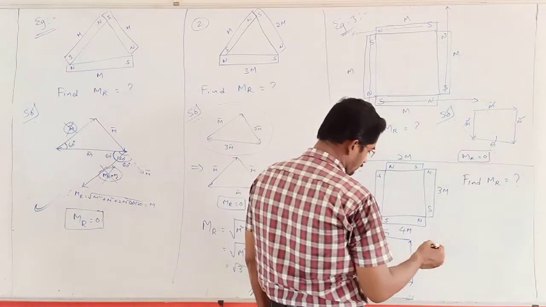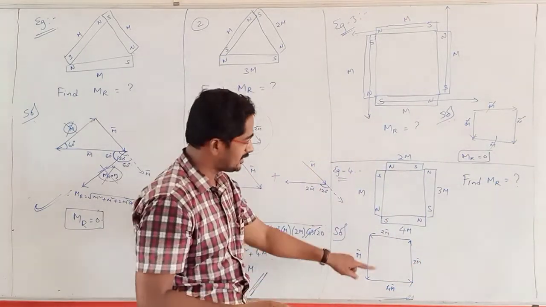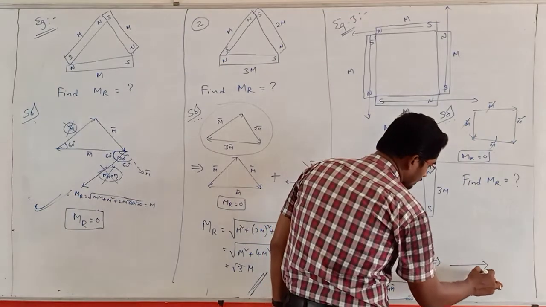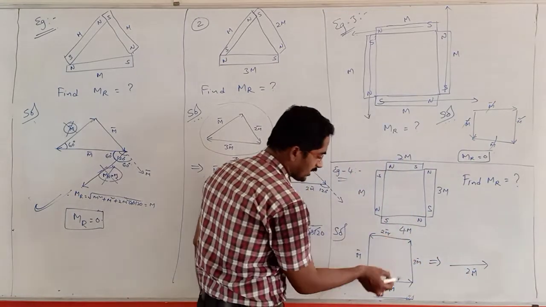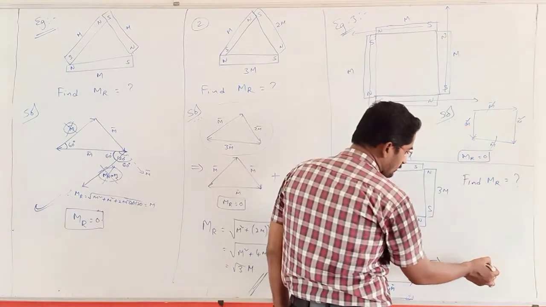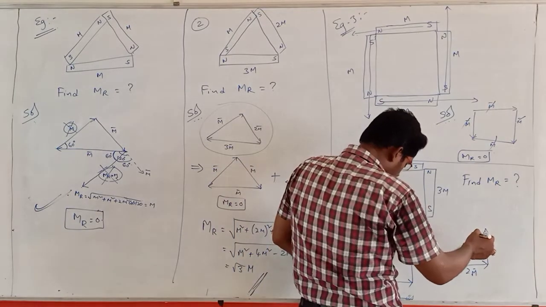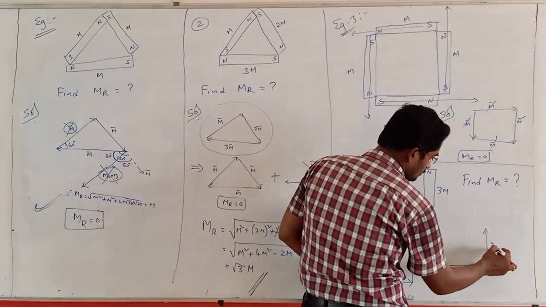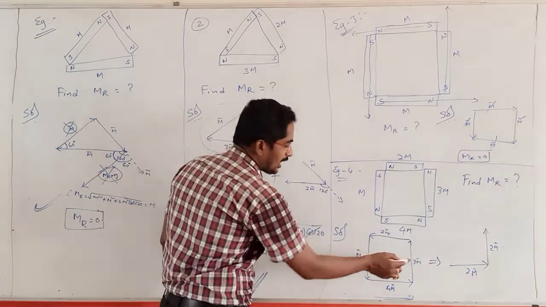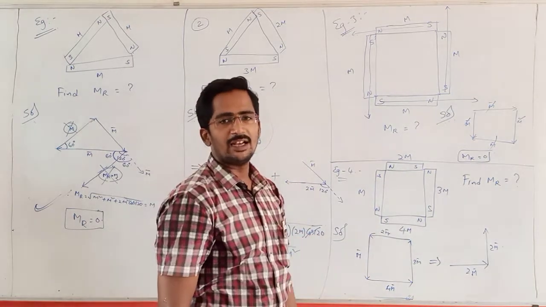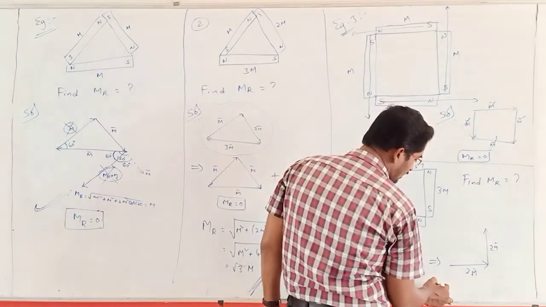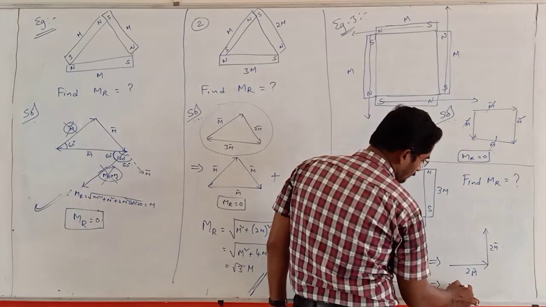The resultant of these two is in the direction of 4m bar, with value 2m. For these two vectors, the resultant will be in the direction of 3m bar, that is 3m bar. Oh, sorry, 2m bar. 3m and m are opposite, so the resultant value is 3m minus m, that is 2m. So finally, what is the resultant magnitude? 2 root 2m.